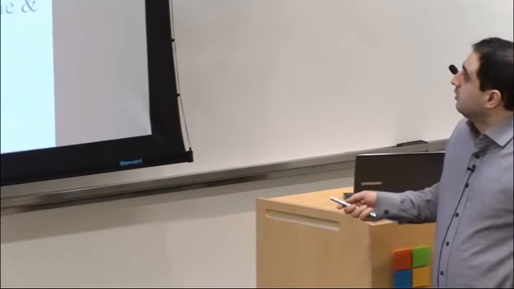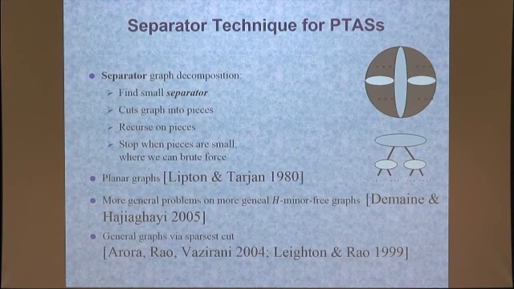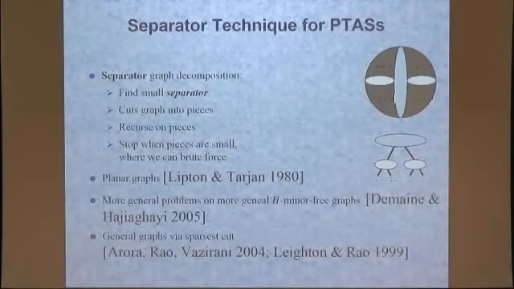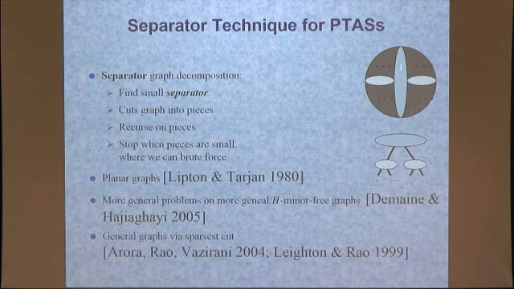So here, what is the separator technique for getting PTASs, or actually not just PTASs, getting approximation algorithms? Usually you consider the graph, you find a small separator for this graph, and then you cut that. Then again you find a small separator in each of these graphs, you cut it, until all pieces are small.